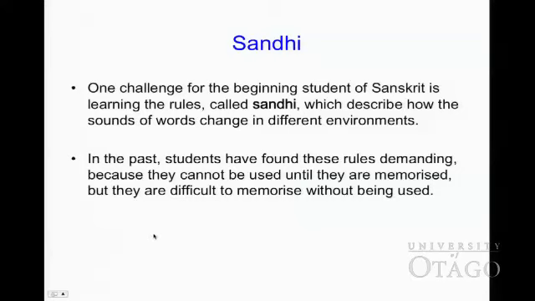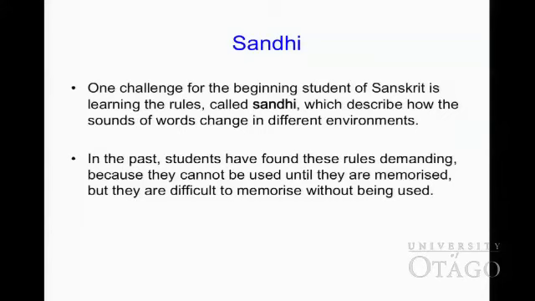Sandhi is a very important grammar topic that we'll learn in the first semester. One challenge for the beginning student of Sanskrit is learning the rule called Sandhi, which describes how the sounds of words change in different environments.